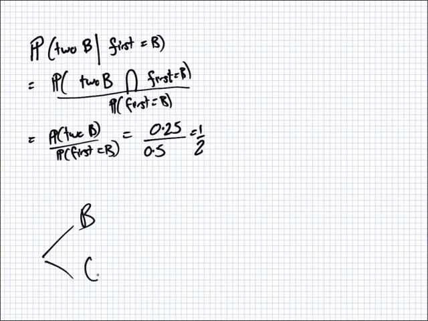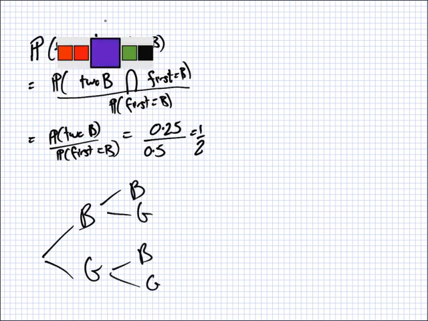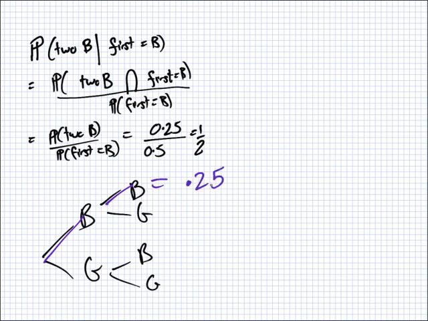Boy, girl, boy, girl, boy, girl. This and this. We don't even need to complete. And then the first is a boy? 0.5, isn't it? Yeah.